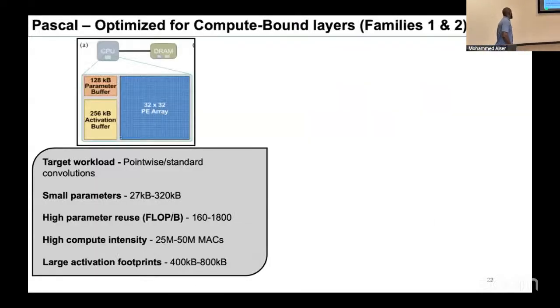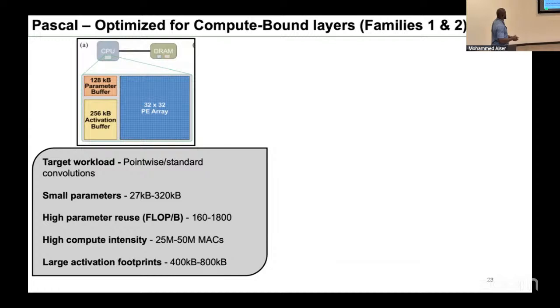The first kind of accelerator proposed by Mensa is called Pascal. This is a hardware accelerator engine that is optimized for compute.